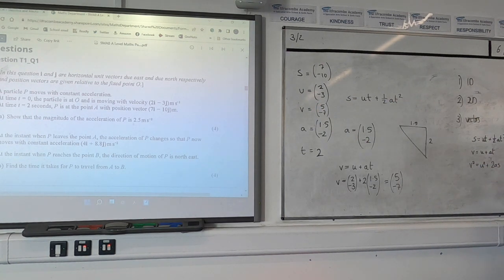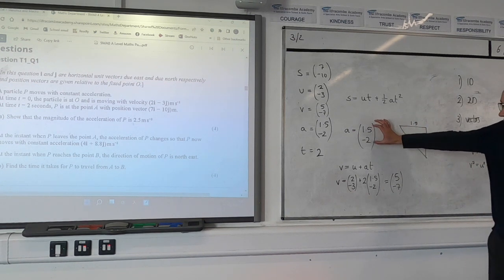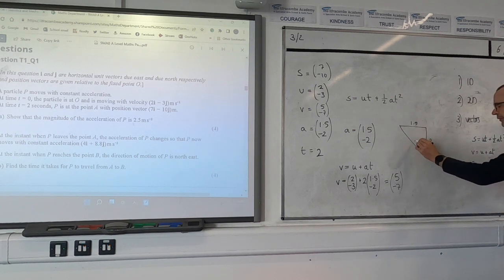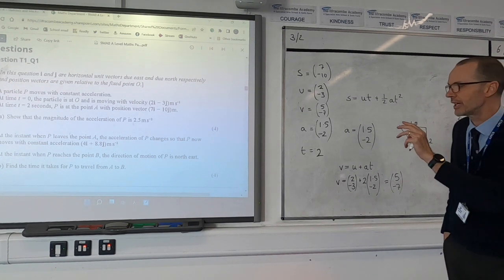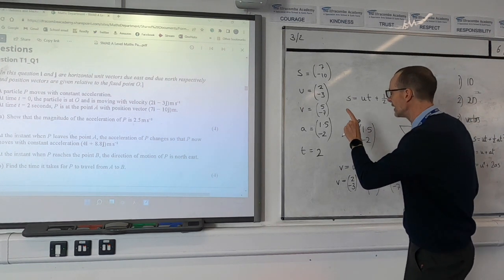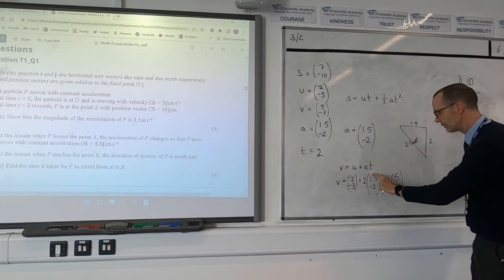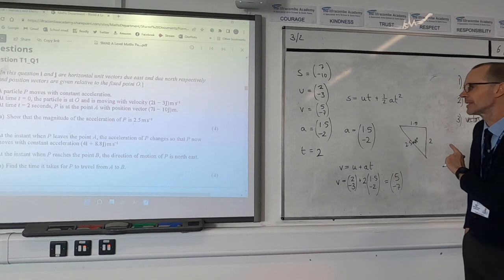Sorry, I'm inevitably skipping along. So we've worked out the acceleration in vector form, and using Pythagoras confirmed that we get 2.5 as its magnitude. I then said, although it doesn't say, can we work out the speed at the end of that period, which I used v equals u plus at, so u plus 2 lots of a gave me that.